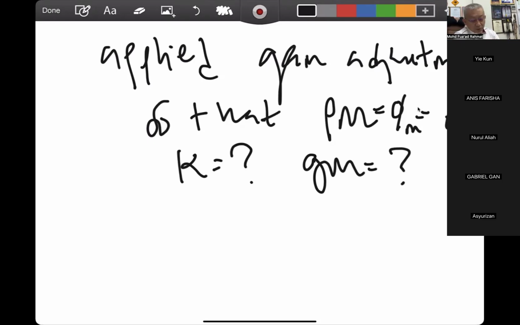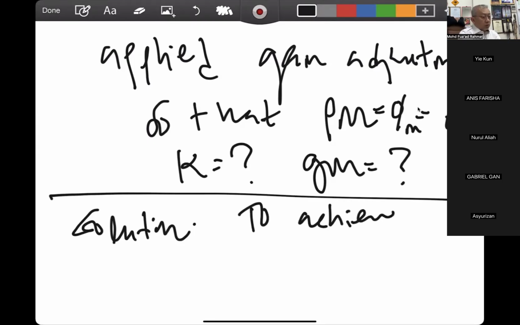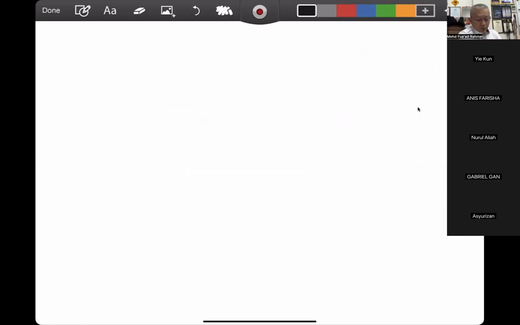We try to summarize the problem. To achieve phase margin 60 degrees, what you should do is you have to find the phase curve where the phase margin of 60 degrees occurred.